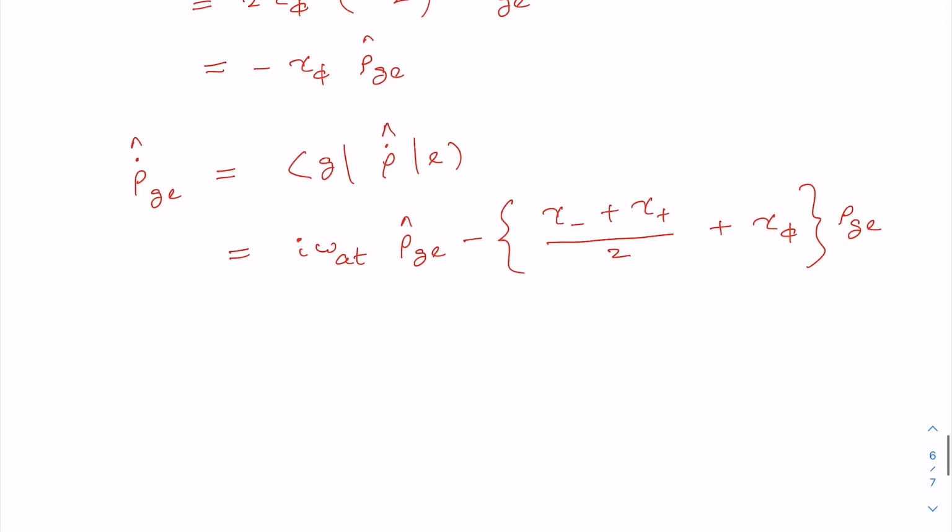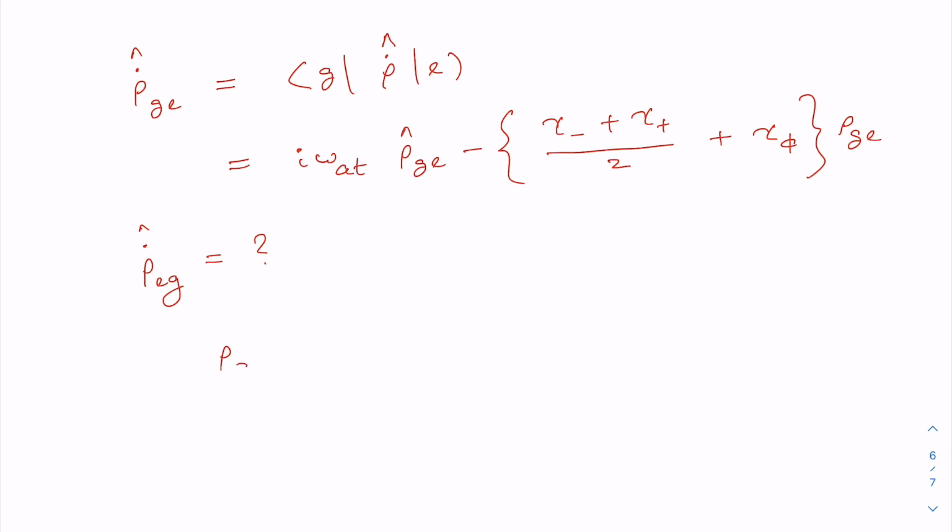Alright, now we are left to find the time evolution of this density matrix element, and that is easy because we know that rho ze is equal to rho dagger ez.